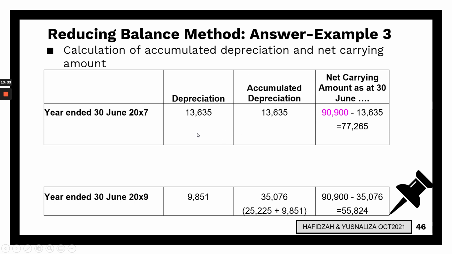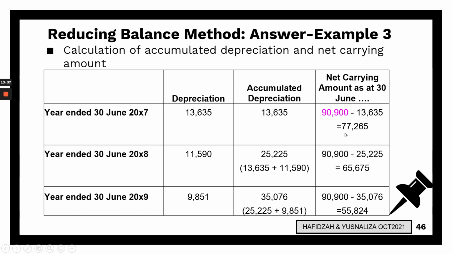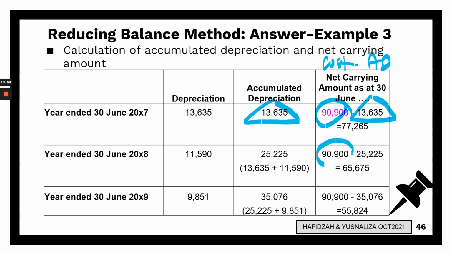This is the calculation, the accumulated depreciation in the table form. The net carrying amount for that first year, cost minus accumulated depreciation. So this is the cost, this is the accumulated depreciation. Again, this is the cost, and this is the accumulated depreciation, which is depreciation for 2 years.